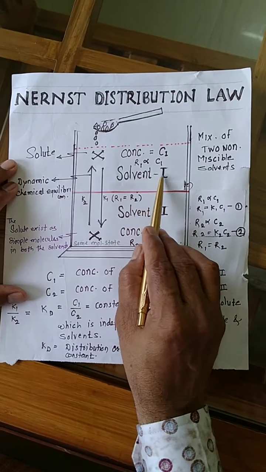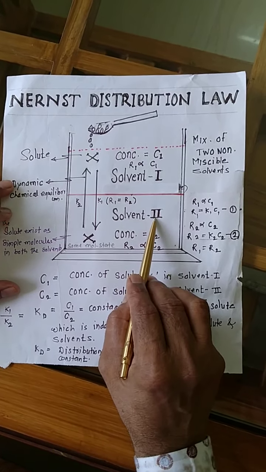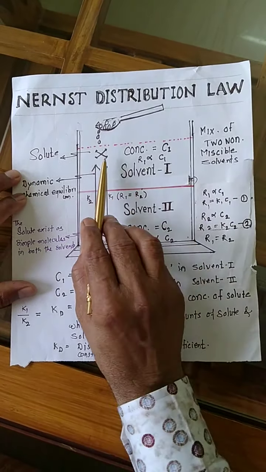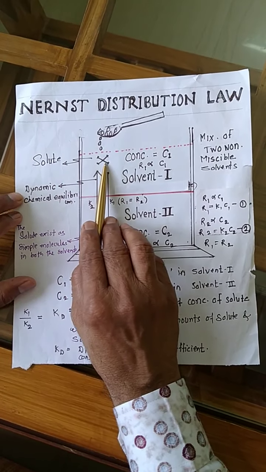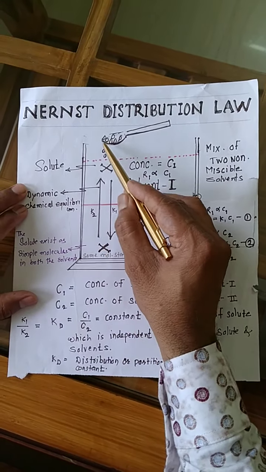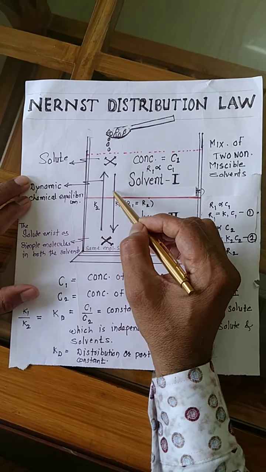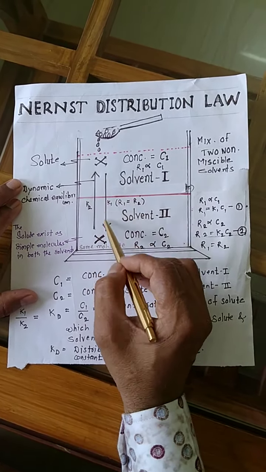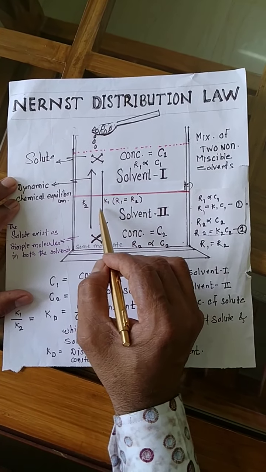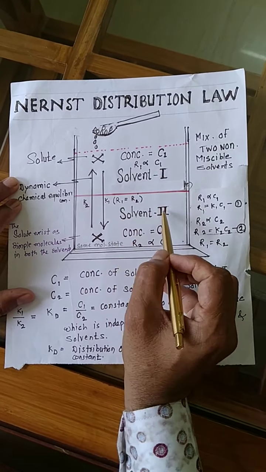Consider solvent first, solvent second, and here consider the solute. X is the solute. When we add that solute from this spatula, this solute distributes between the solvents, solvent first and solvent second.